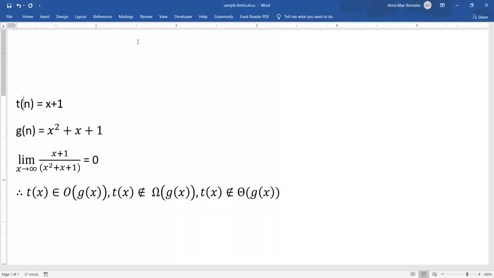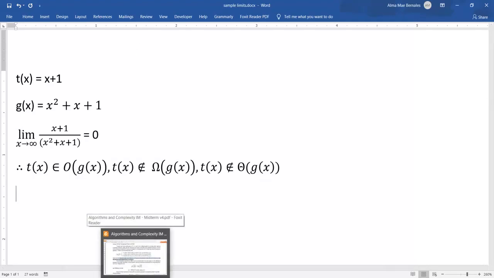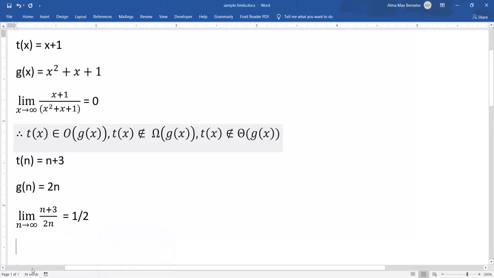And this one also. Okay, so we could be consistent with our variables. So another example, our limit as n approaches infinity is 1/2. Why? Because the degree of T of N is 1 and the degree of G of N is 1.